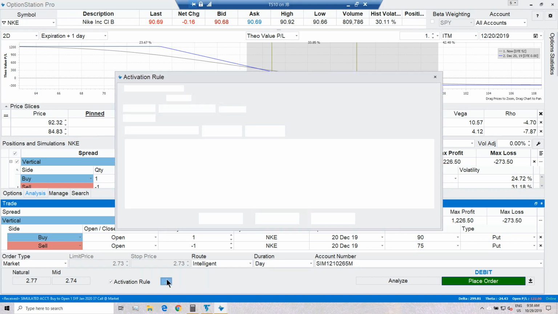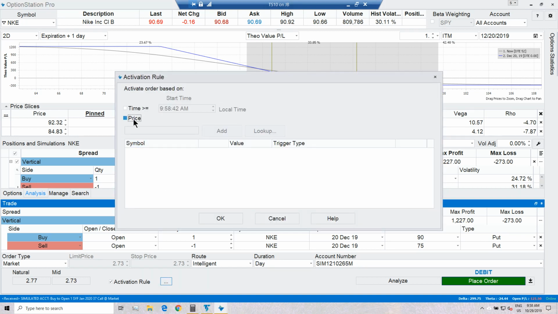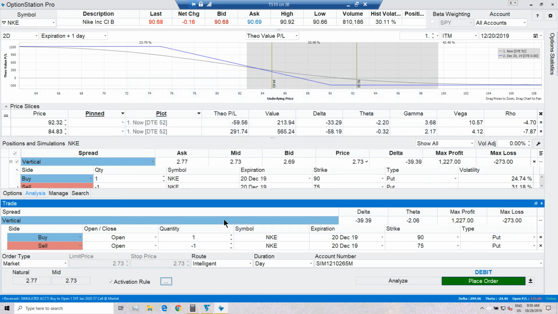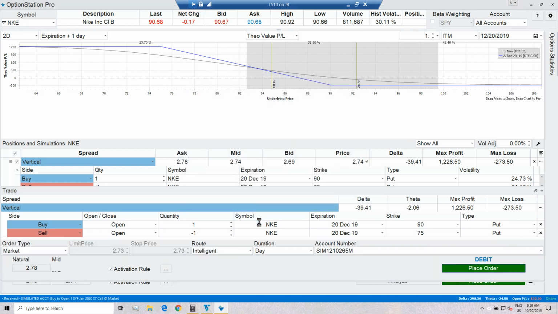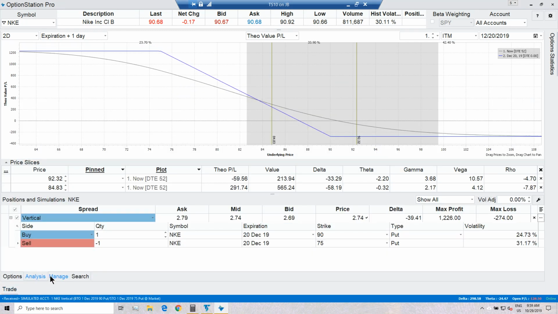So activation rule: if Nike goes at or above 92.32, which again is my entry price, the same one I just typed, then go ahead and buy that put spread. So 1, 2, 3, place order, yes, and the order is in.